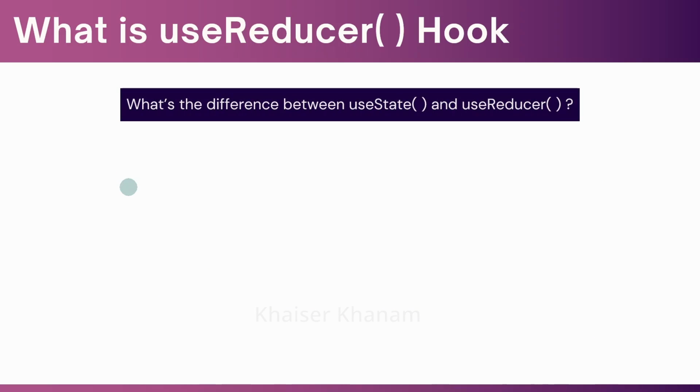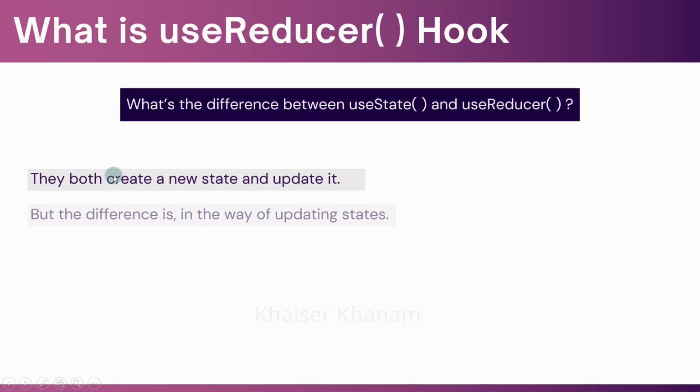But now another valid question is, what is the difference between useState and useReducer? So both these hooks are used to create new state and then update it. But the difference is in the way of updating state. Both are used to update state, but both will be using different process.